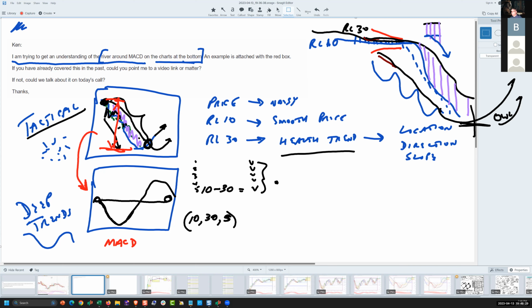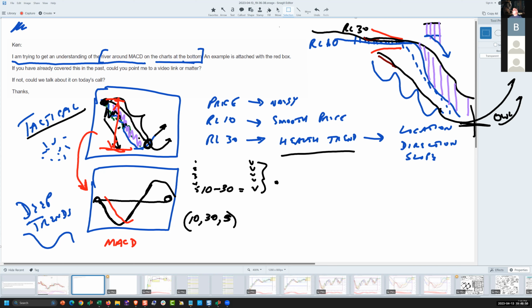Then we also take a 5-period average of that signal line, and that's going to be our smooth constant. So when we interpret this, those little changes in the direction of the signal line turn out to be significant.